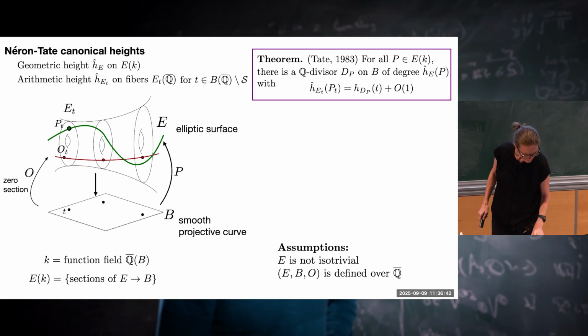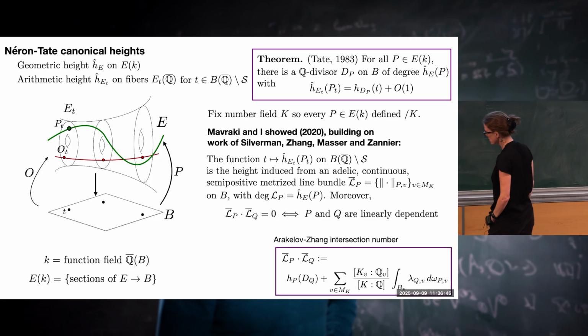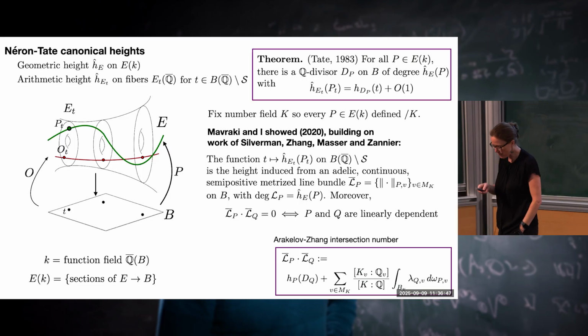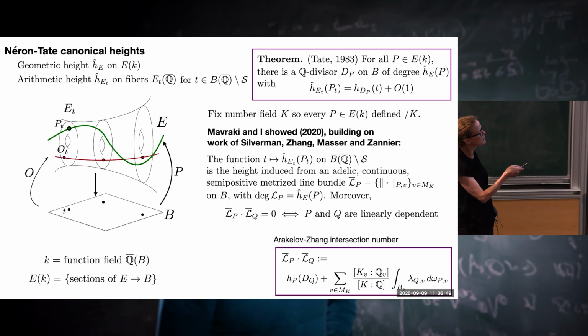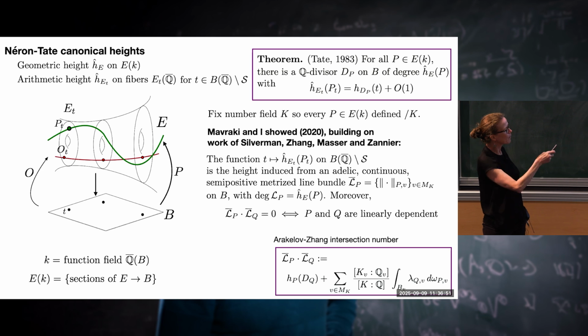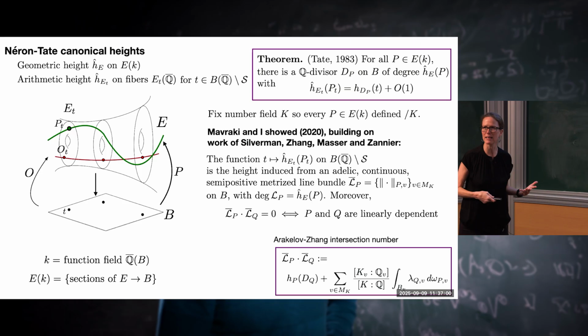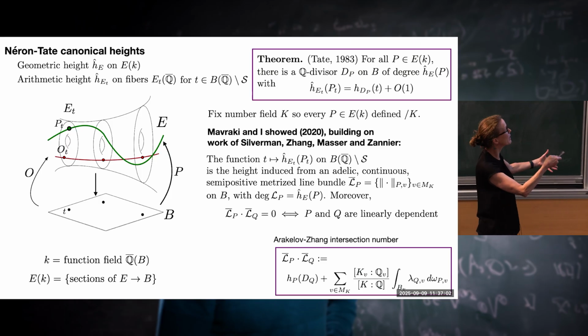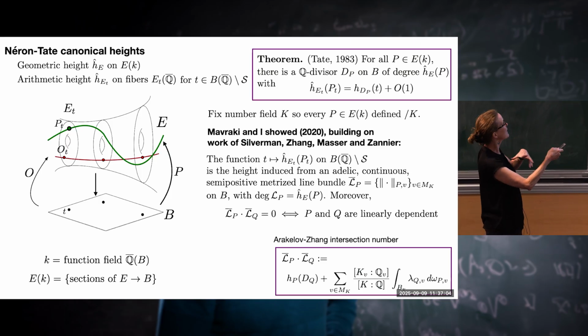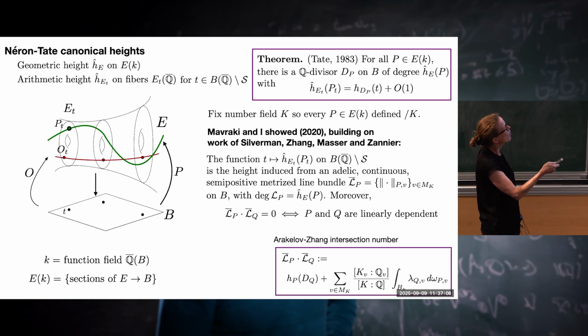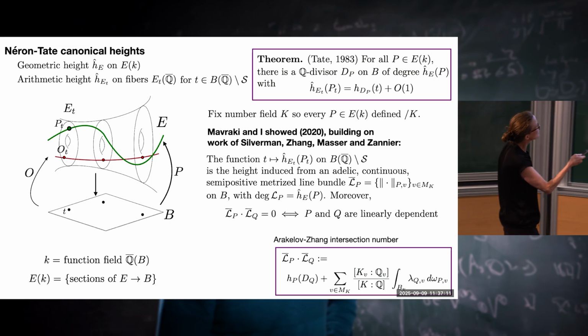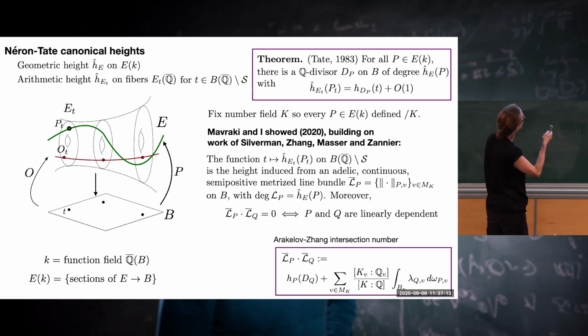And one of the things we observed at the time, in a paper that was published in 2020, was that in fact these heights, not only globally but also their local input, behave very nicely across the entire base curve at all places and across the singularities. So one can formulate this statement as follows.